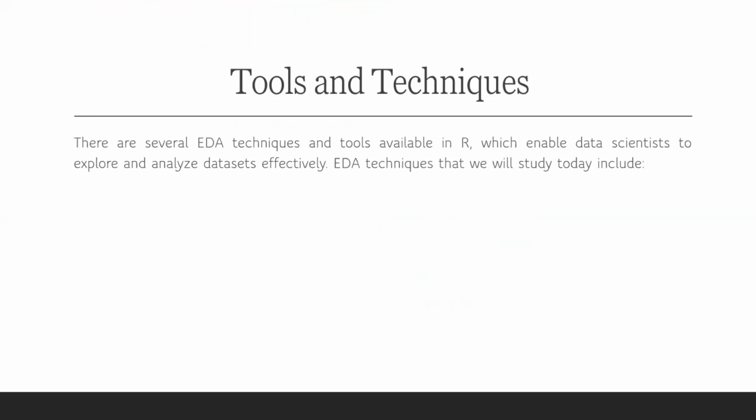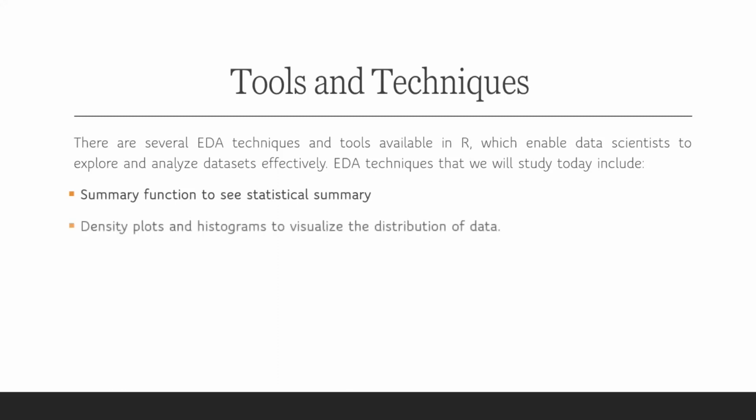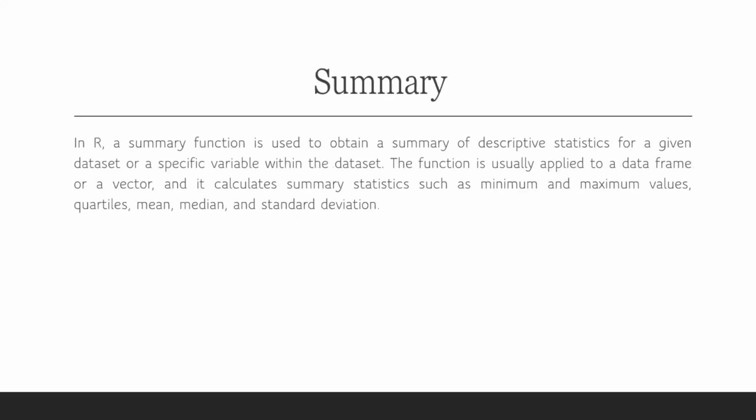EDA techniques that we will study today include the summary function, which is used to see statistical summary. And then we will see the density plots and learn how to make histograms to visualize the distribution of data in our data set. So let's get started.